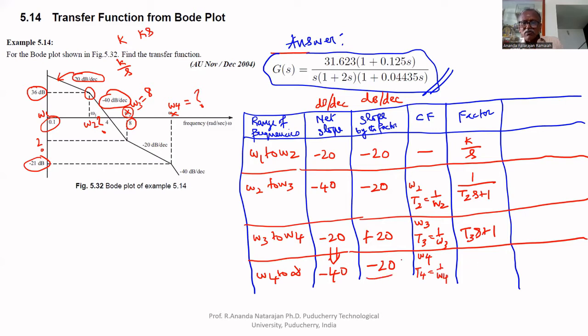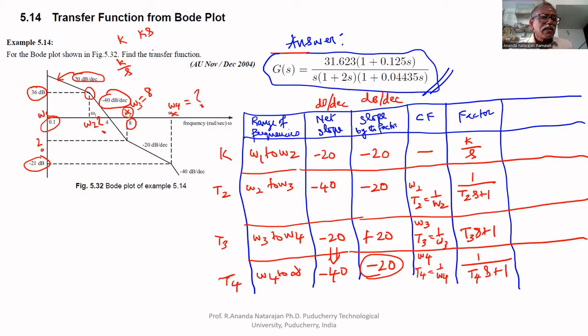Since it is negative, it is 1 by T4s plus 1. The question is now reduced to finding K, T2, T3 and T4. If you find K, T2, T3, T4, we can form the transfer function.